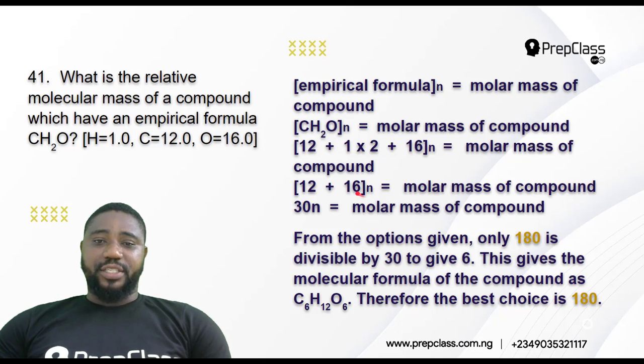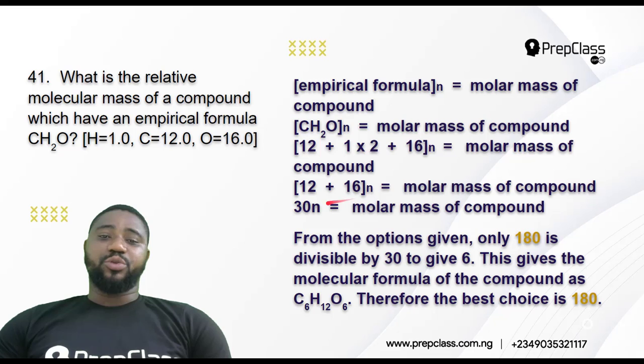That's supposed to give us 18, but I wrote 16. Okay, that's the error there. So this is supposed to be 18. If you are jotting this in your book, you can correct that. I'll try as much as possible to correct it in the PDF file. So that's 12 plus 2 plus 16, which is 18, because 2 plus 16 is 18.